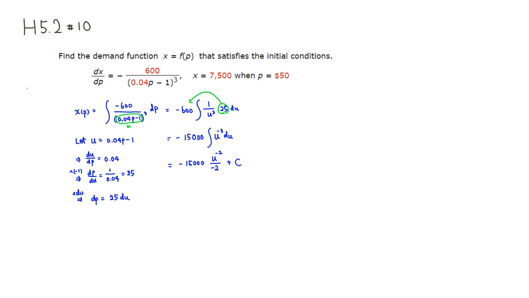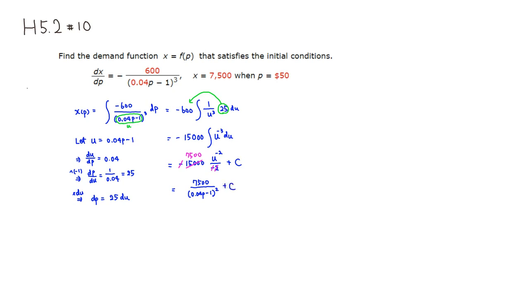We can cancel the negative signs and the 2, so this is 7,500 over u, where u is originally 0.04p minus 1 squared, and plus some constant c.